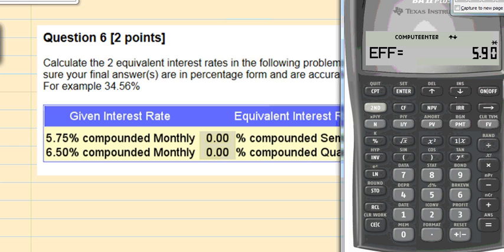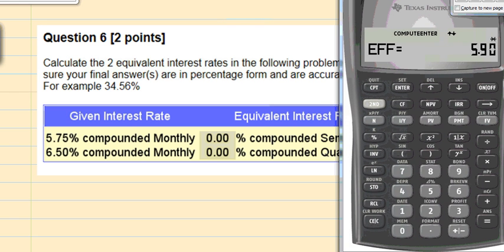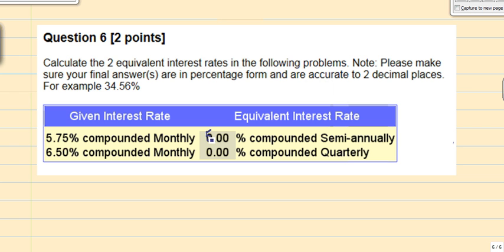So you want to change the compounding period to semi-annually, because that's what it says. So you go to semi-annually, press 2, enter, and then you look for nominal and compute. It's 5.82, so you're writing here 5.82.